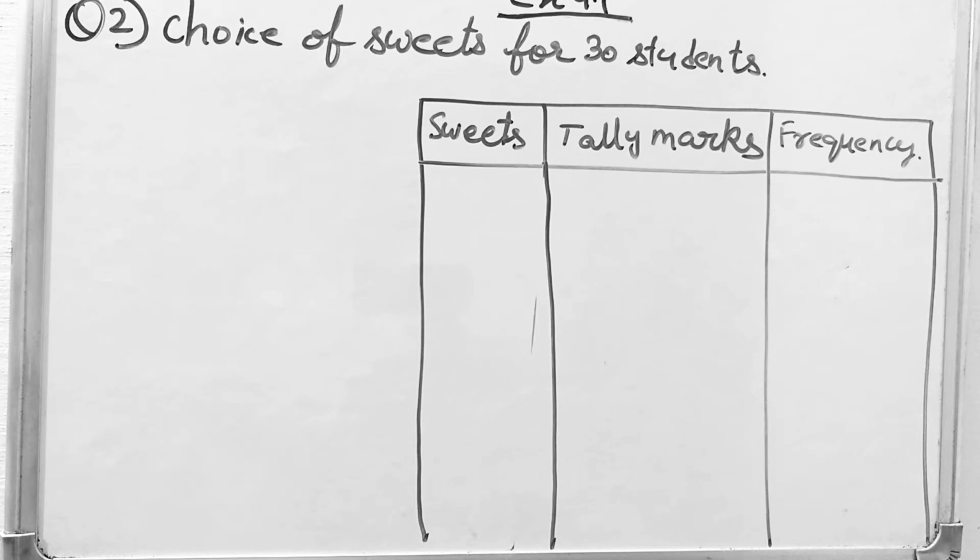Now come to question number 2. Following is the choice of sweets of 30 students of class 6. There are different choices given for sweets of 30 students of class 6.